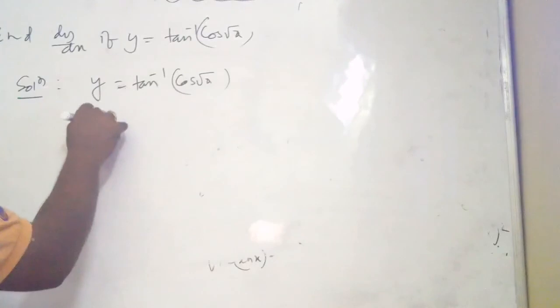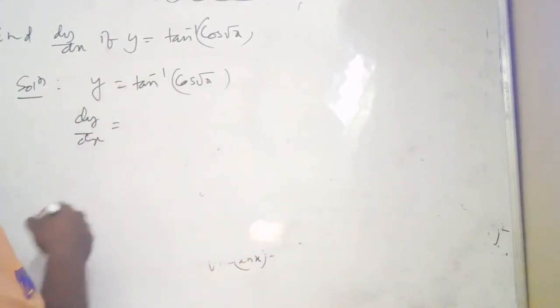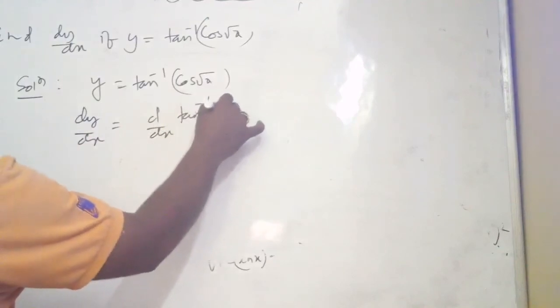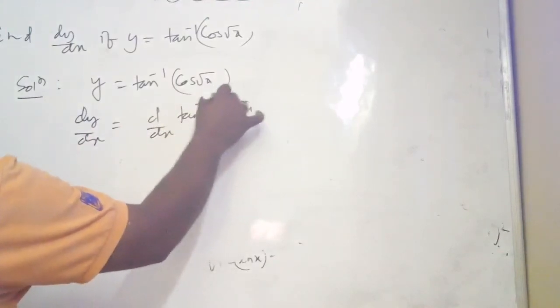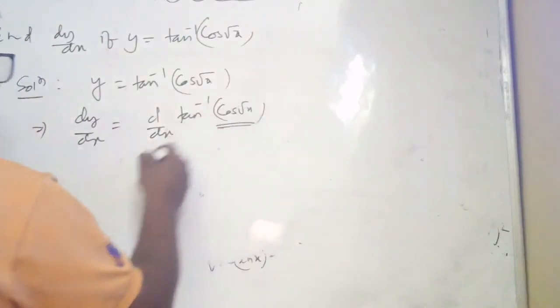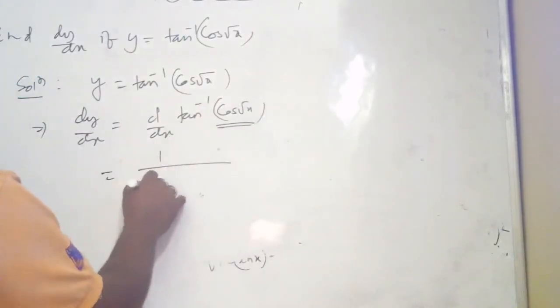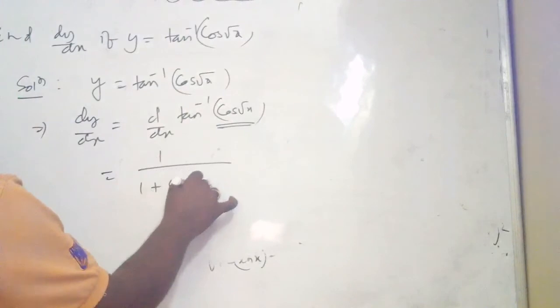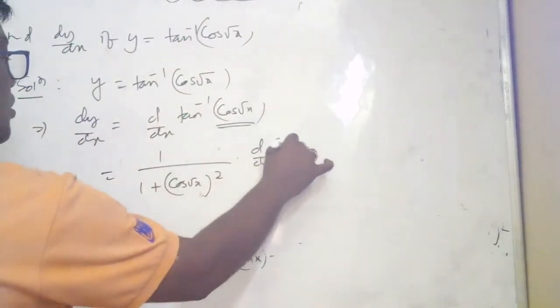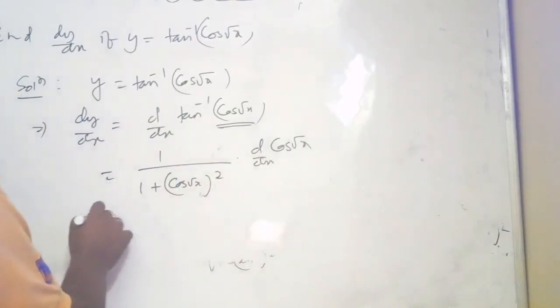This is dy by dx equal to d by dx of tan inverse cos root x. So apply the chain rule. Consider this is x, so 1 by 1 plus cos root x whole square into d by dx of cos root x.